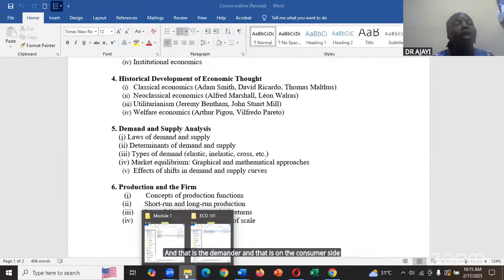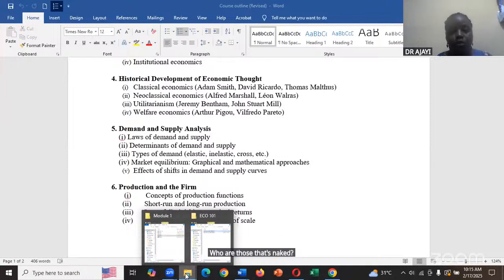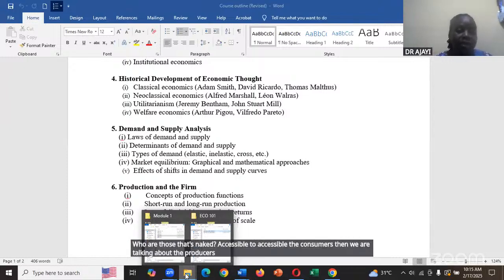But when we look at who are those that are making the goods available, who are those that make it accessible to the consumers, then we are talking about the producers, the suppliers.